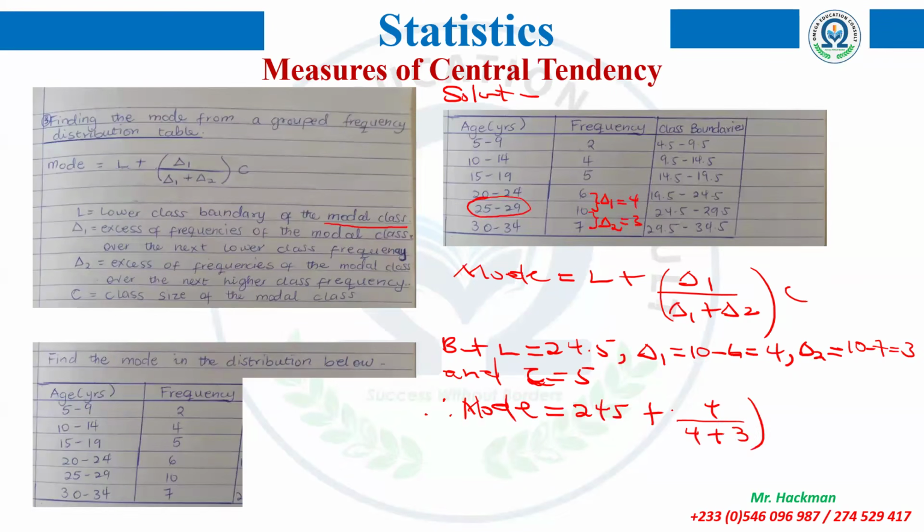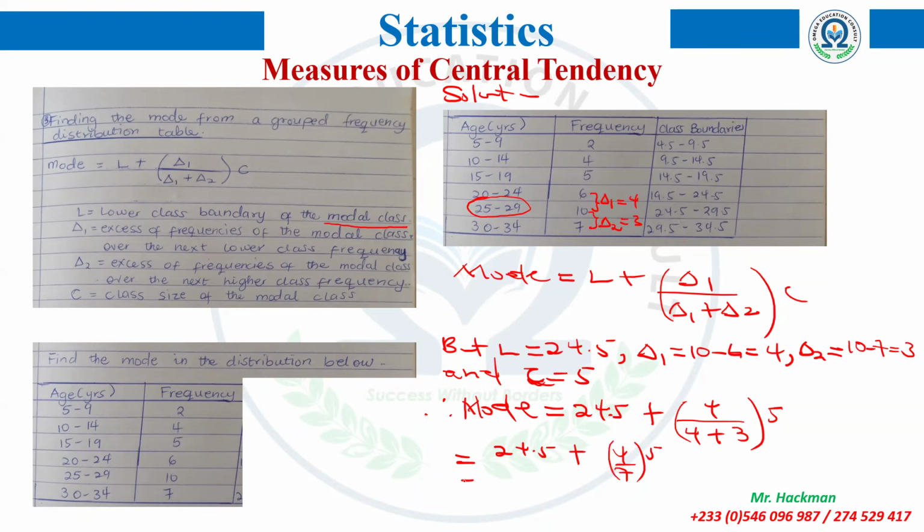But that's not all, the whole of that times C, which is 5. Remember, as you move from one line to the next line, you write close to the margin because of the constrained nature, then you create room here. So we get 24.5 plus 4 over 7, the whole of that times 5.